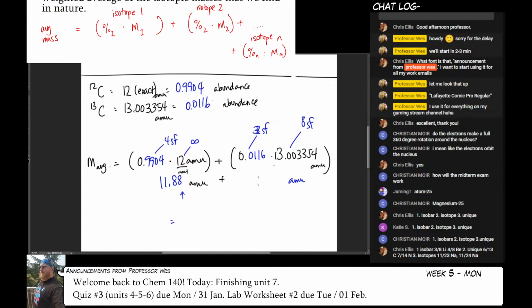This is now 3 sig figs. 0.0116 times 13.003354. I get that, and then when I add these 2 numbers together, I have to round to this position. There, that's already much closer.